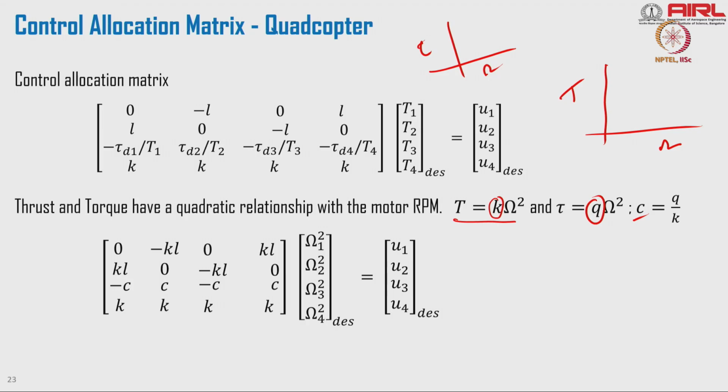So I have to find my omega vector, which will be the inverse of this matrix. Let us say this control allocation matrix is A, then A inverse times U is my omega. Here it is a 4 cross 4 matrix, so I can invert it.